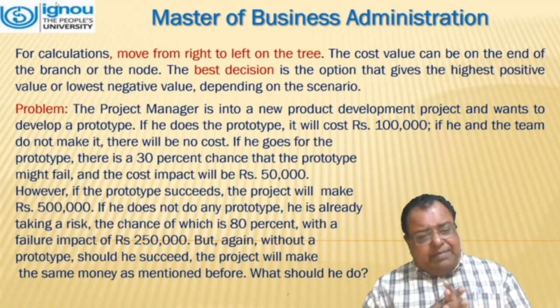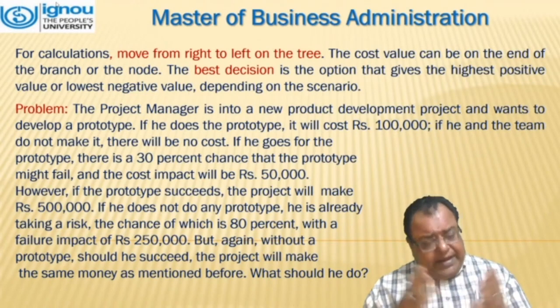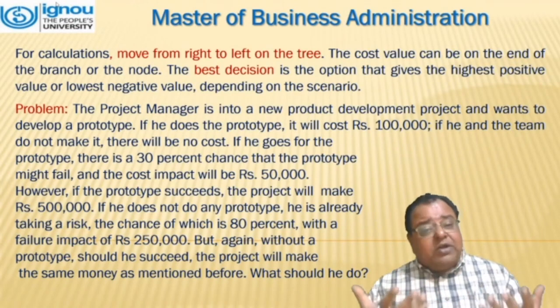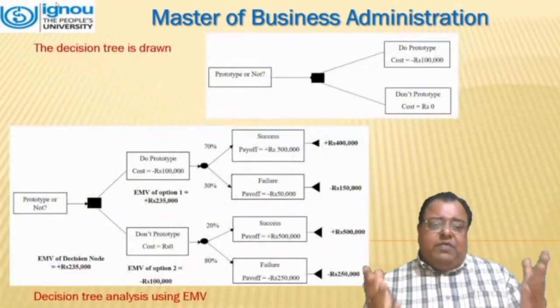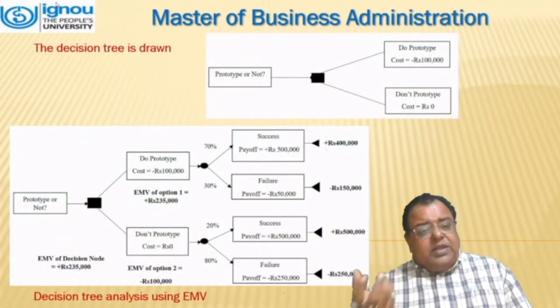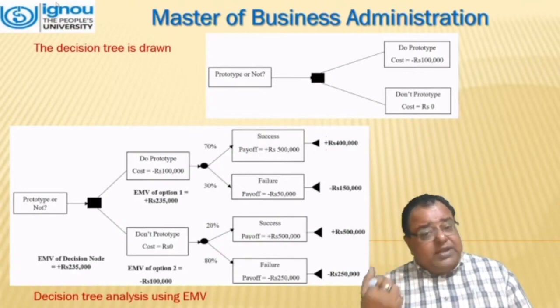Now, this is a basic complicated problem which, no doubt, can be treated as a practical problem. Now we have to analyze what we have to do. We will draw basically a decision tree. The question is to make a prototype or not to make it. If we make a prototype, then two things.